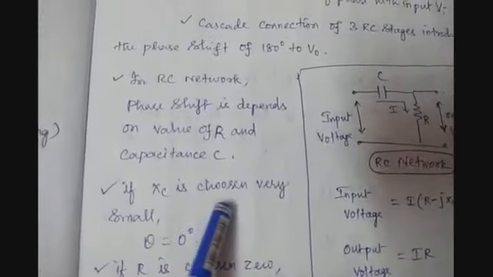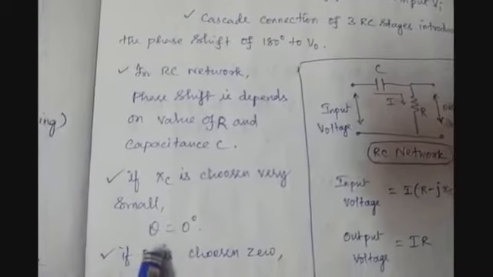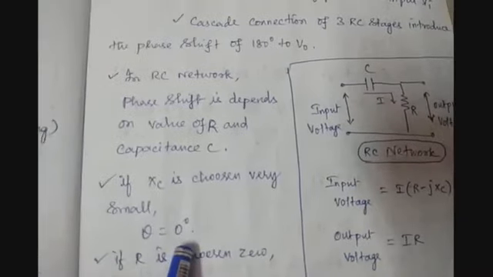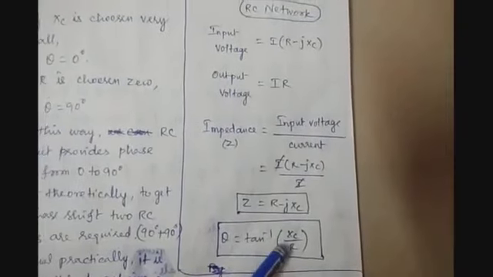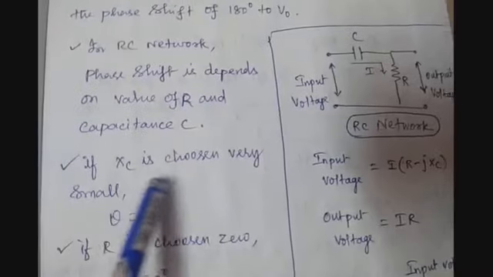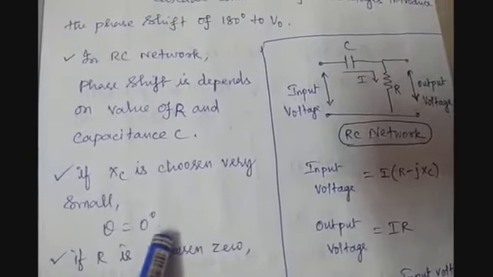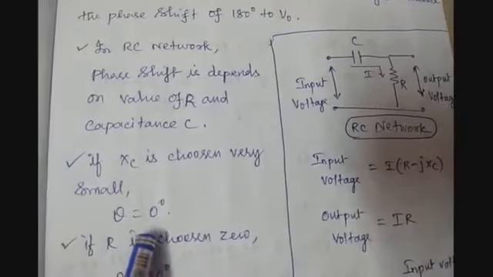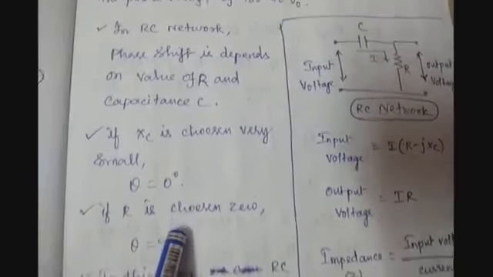And if XC is chosen very small, theta equals 0. We know very well tan inverse of 0 is 0. So if I choose XC very small, then theta becomes 0, which means the phase shift is 0.